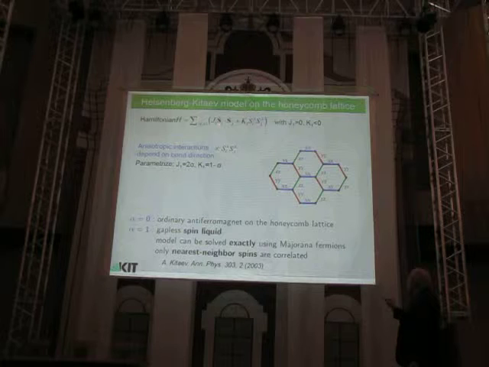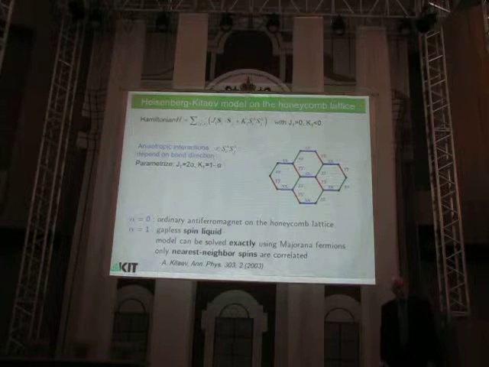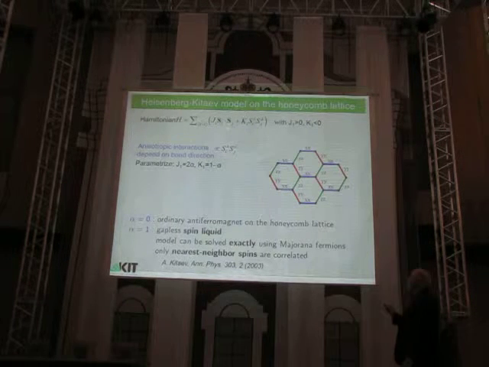If J1 is equal to 0, we have only this term, which is a very strange anisotropic spin interaction, namely which has the structure that along the bond, so we have three types of bonds, X, Y, and Z. Along the Z bond here, the coupling is only S^z.